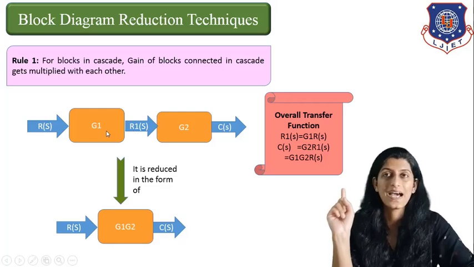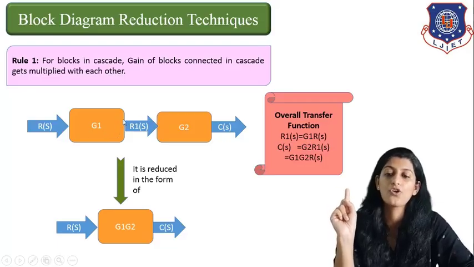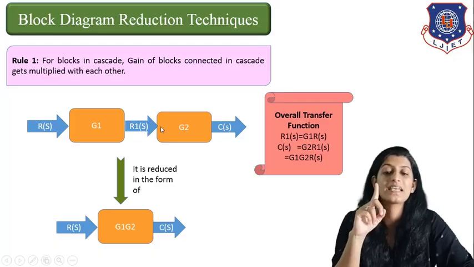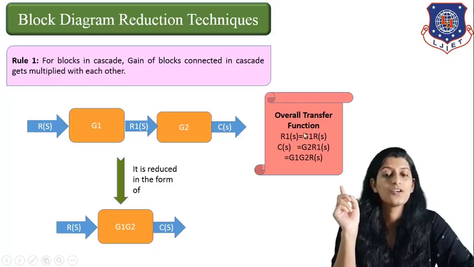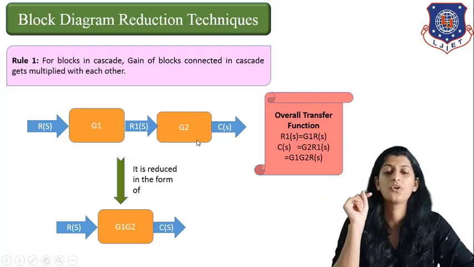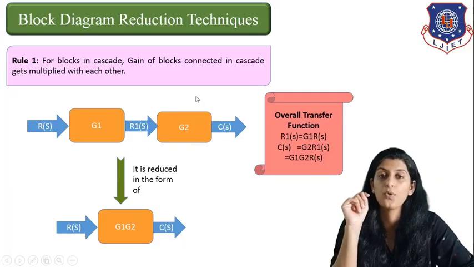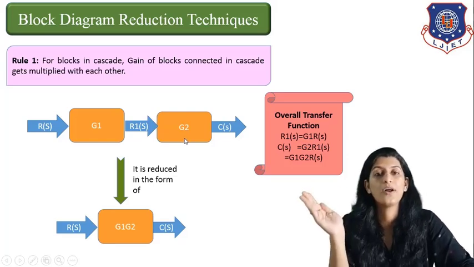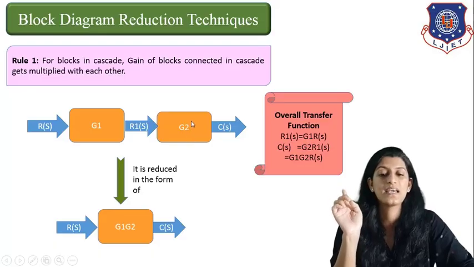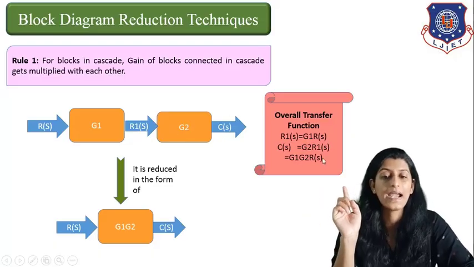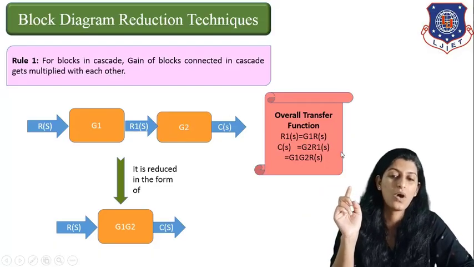The transfer function can be written as G1 equals output upon input, which is R1 of S upon R of S. So R1 of S can be written as G1 into R of S. Now you will write the transfer function for block number 2, which is G2. G2 equals output upon input. The output of G2 is C of S, so G2 equals C of S upon R1 of S, or I can write C of S equals G2 into R1 of S.